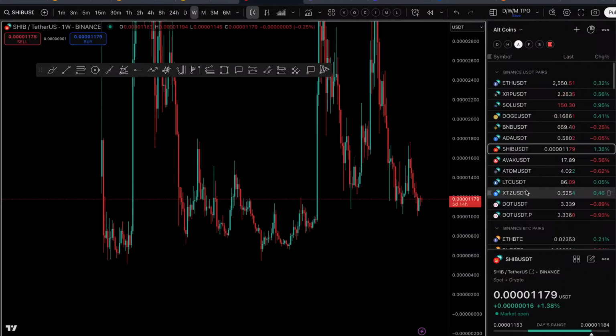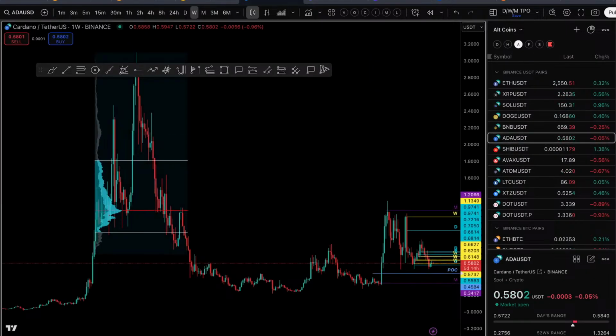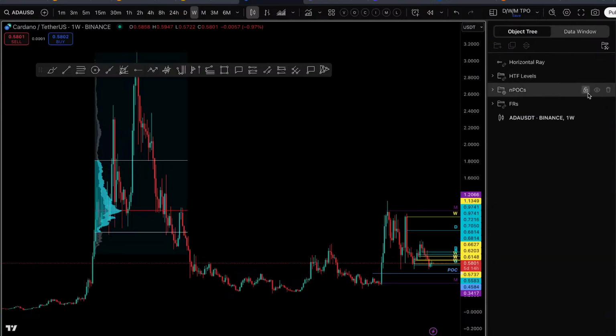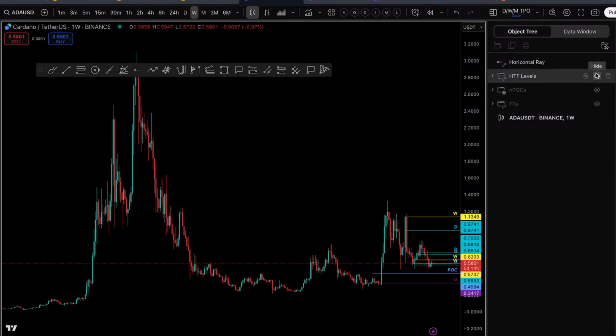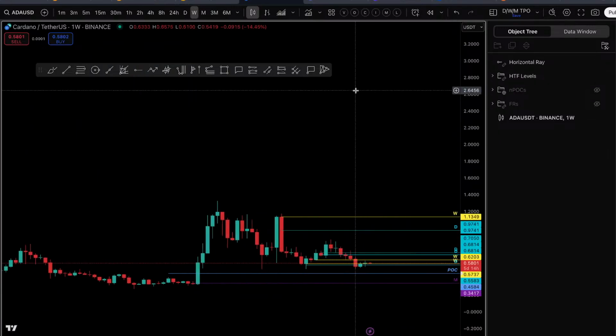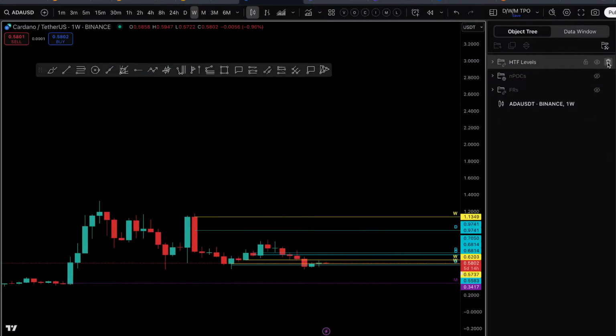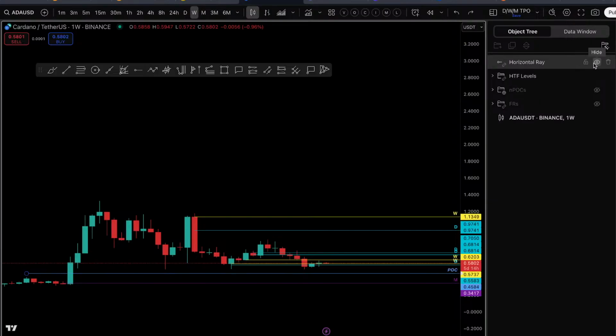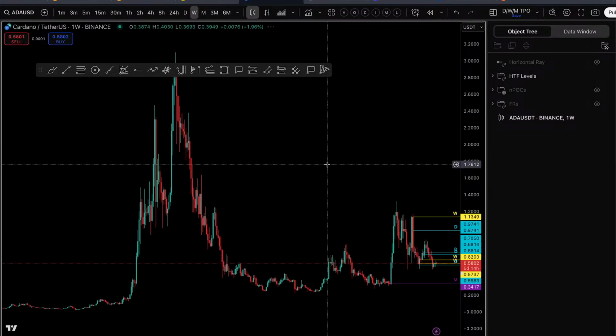Let's see. ADA. Okay. ADA NPOCs, hide it. Fixed ranges, hide it. High time frame levels, I want that. Great.